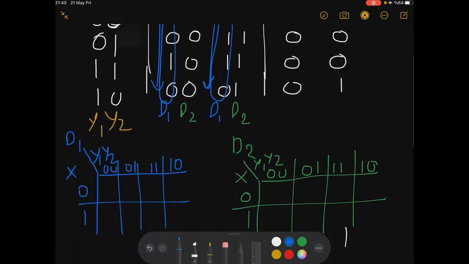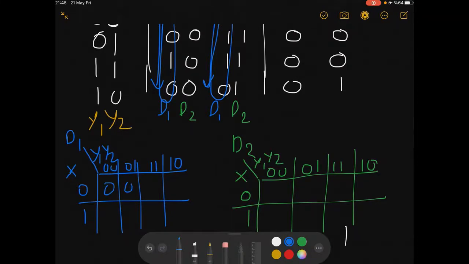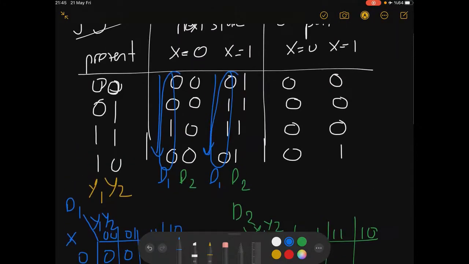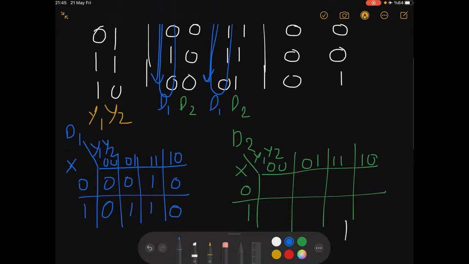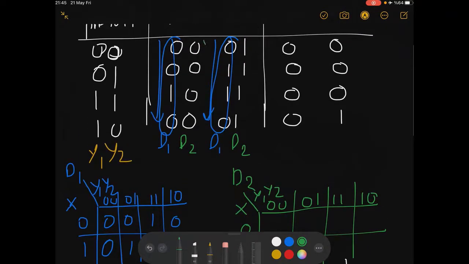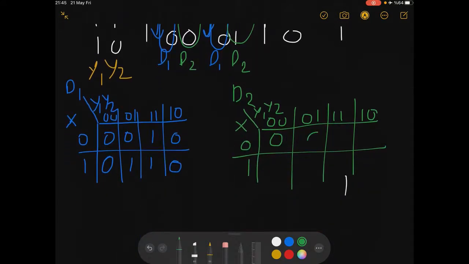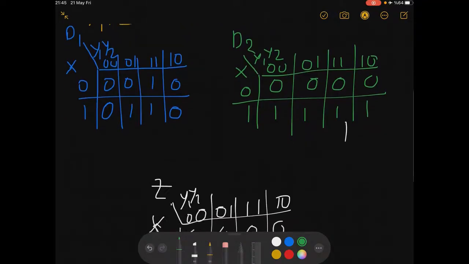It is 0, 0, 1, 0, 0, 0, 1, 0, because it is counting gray coded already. 0, 1, 1, 0. So you make less mistakes in this manner in gray coding. So for this one, all zeros and all ones, all zeros and all ones here.